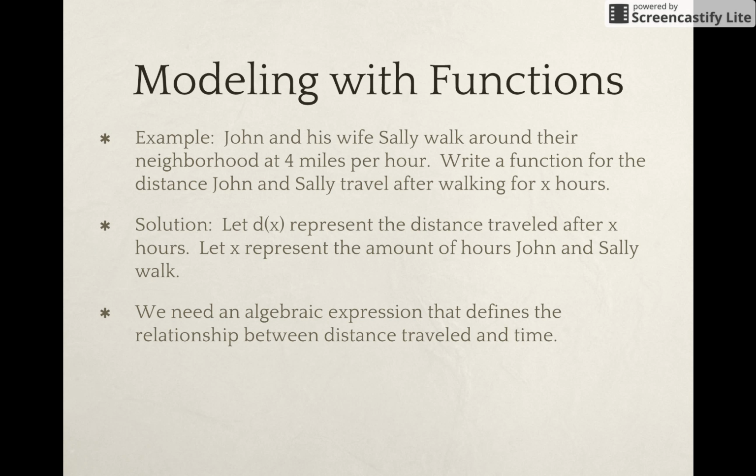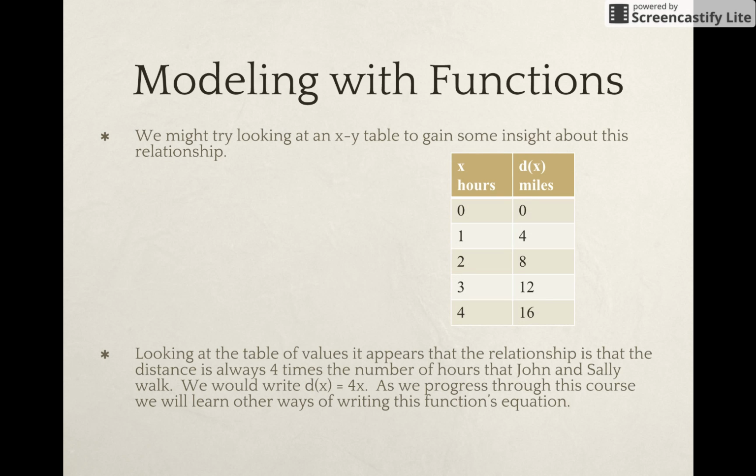And again, x will represent the number of hours that John and Sally have walked. So we need an algebraic expression that relates time walked and distance traveled. We might begin by looking at an x-y table, just seeing what values we might see there.